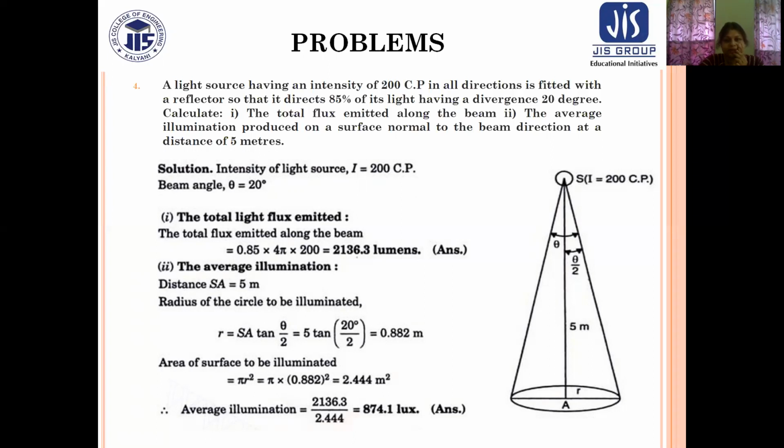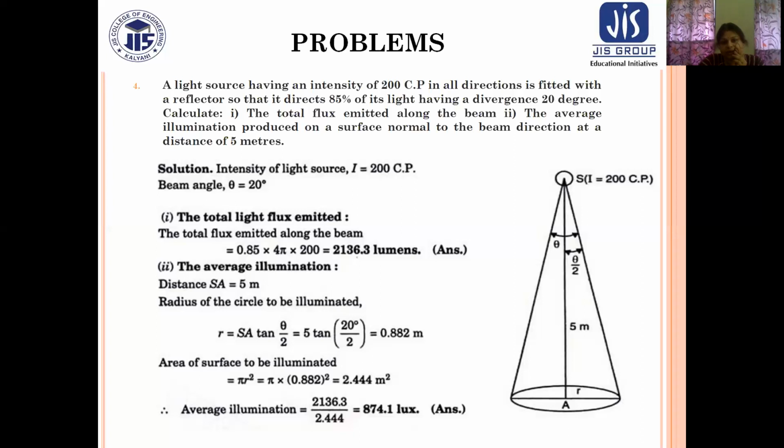Because 85% of its light has a divergence of 20 degrees. 85% means 85 by 100, so that is equal to 0.85. 4 pi is the largest solid angle of a sphere, into 200, that is I. Because we already know that intensity I equals F by omega, that means luminous flux equals omega into I. So here omega equals 4 pi and I equals 200, and 0.85 is given in the question as it directs 85% of its light.